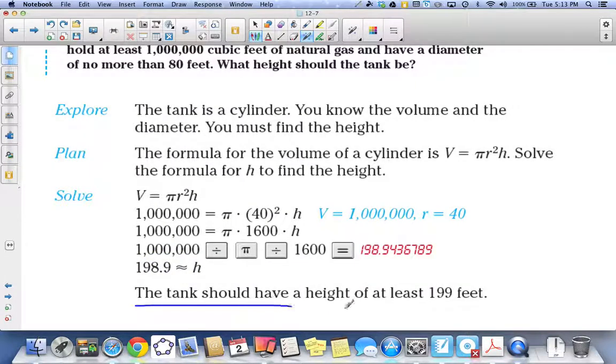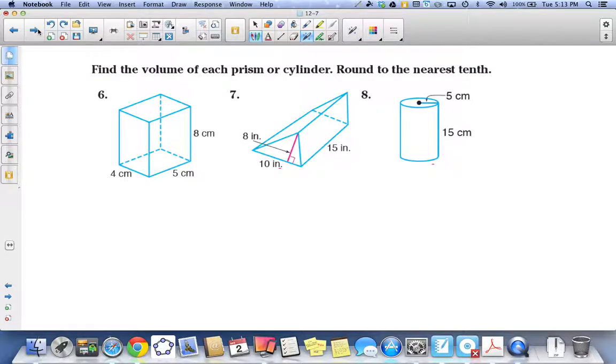So the tank should have a height of at least 199 feet. That is how we apply the formula in a word problem in finding the height. Let's try these three examples and see how you do. You can pause the video and answer on your own and see if your answer matches my answer.